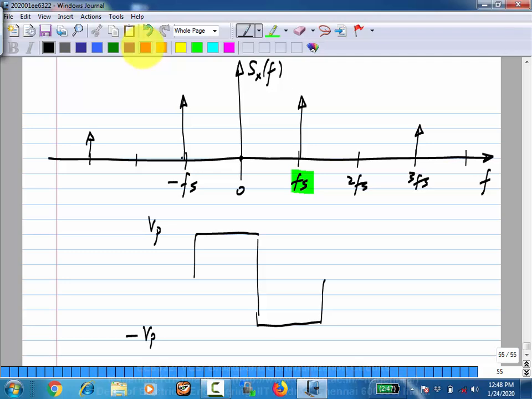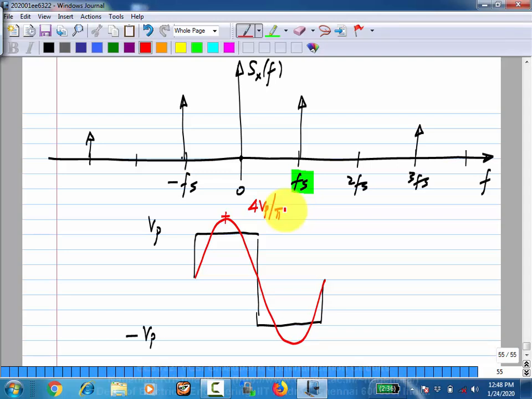If I sketch a sinusoid of 2 Vp by pi with the same zero crossings, it will look like this. Yeah, it will be more than that. You might have seen this picture, right? The fundamental of a square wave will have a slightly higher amplitude, and this is 4 Vp by pi.